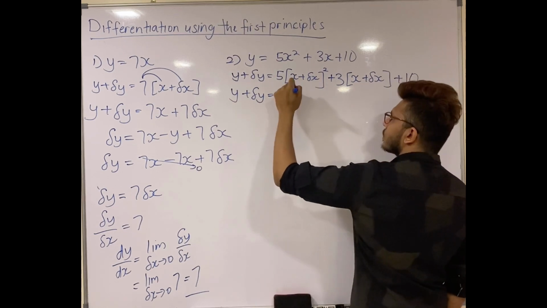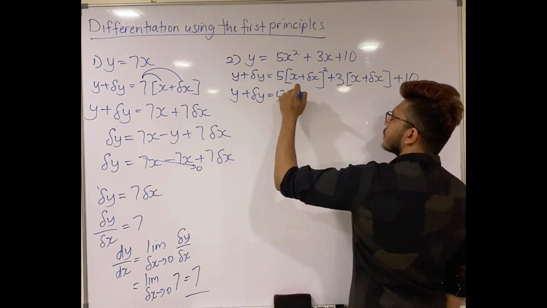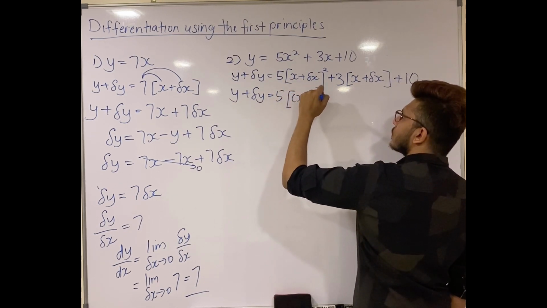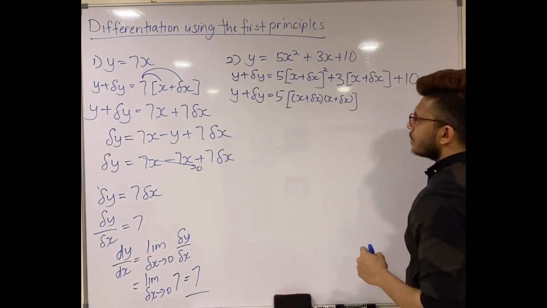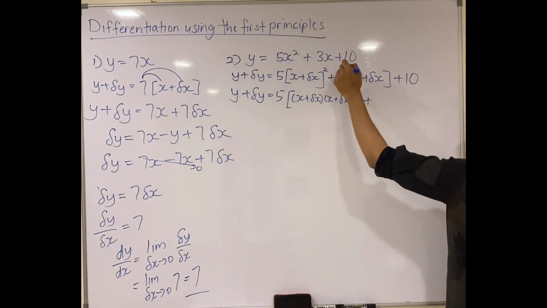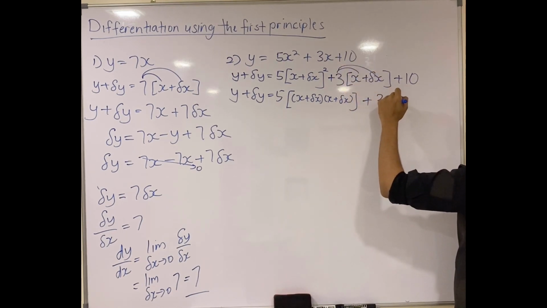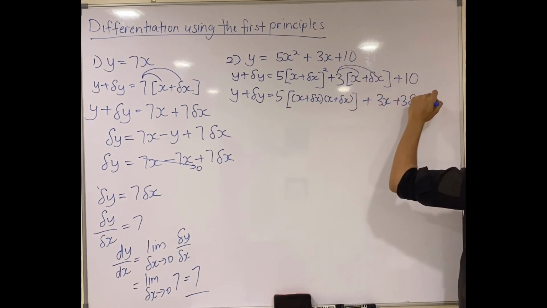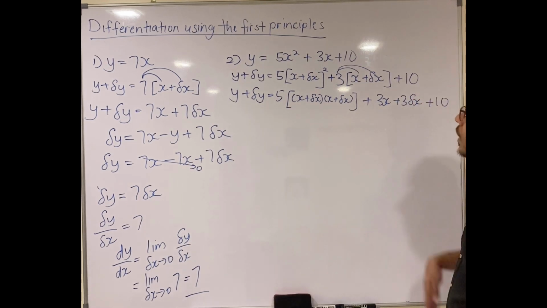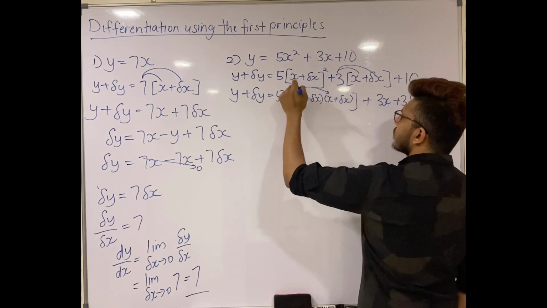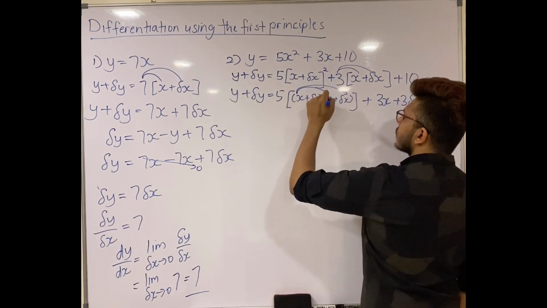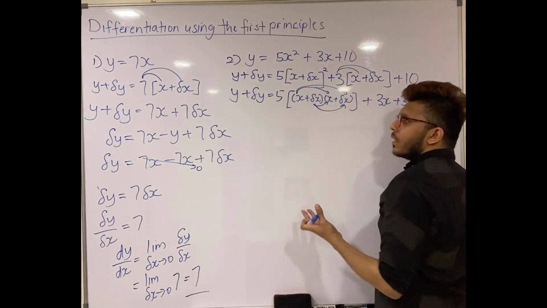Now, you know what to do next. Expand this. Plus 3x plus 3 delta x plus 10. Now, can I explain this? Of course I can. I'm sure you have learned this in lower secondary.